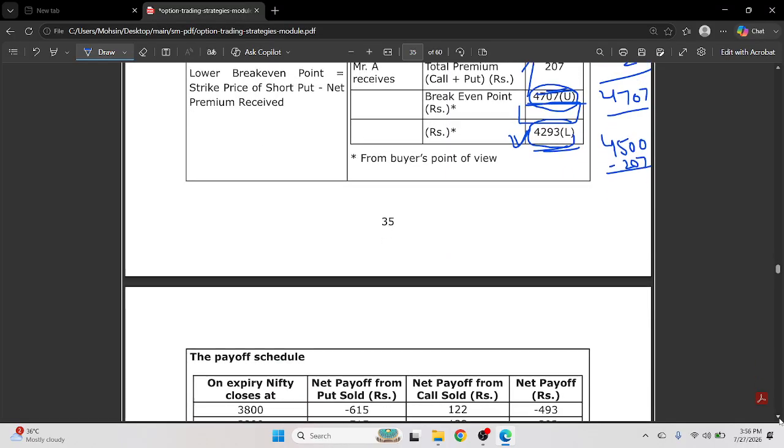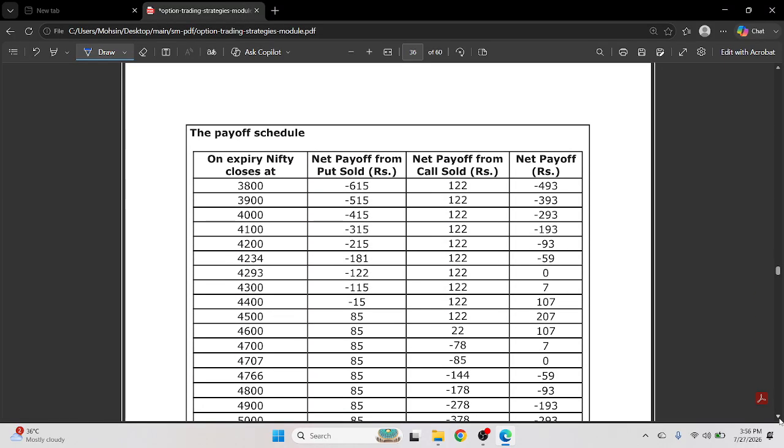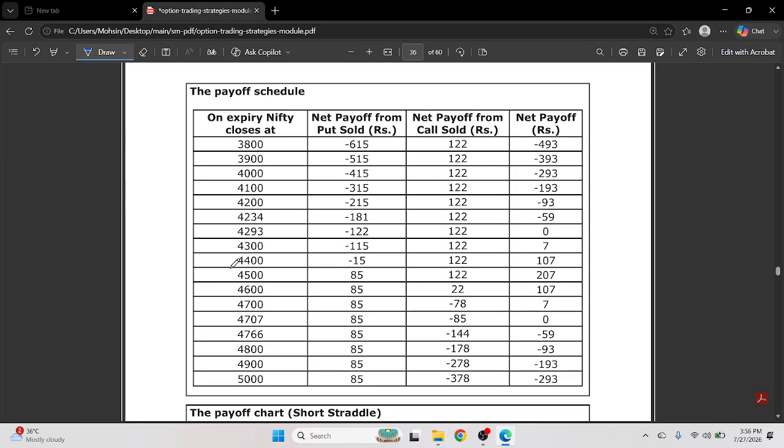Now let's check out the profit and loss table. We have chosen a strike price of 4500. This is the put option premium received, and this is the call option premium we received.